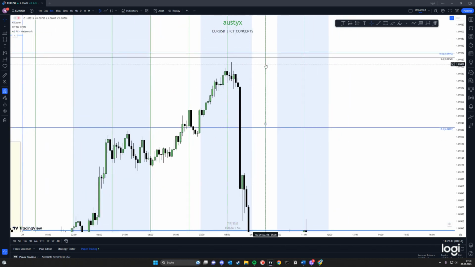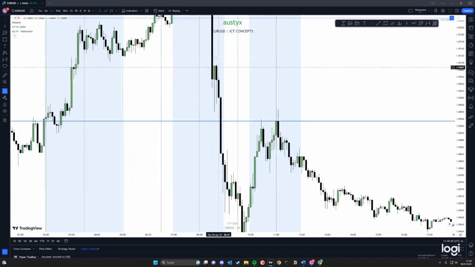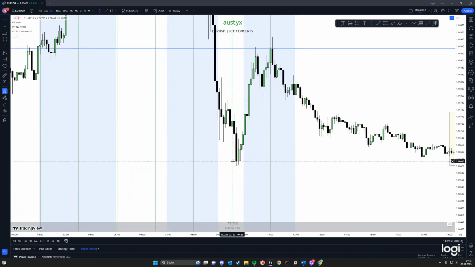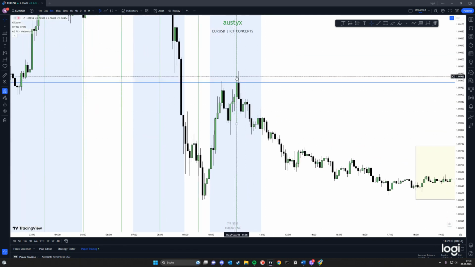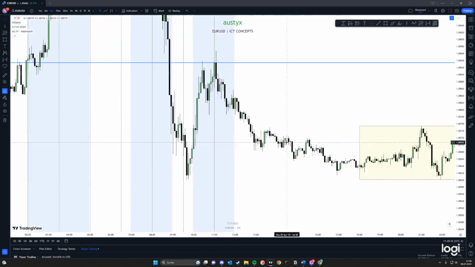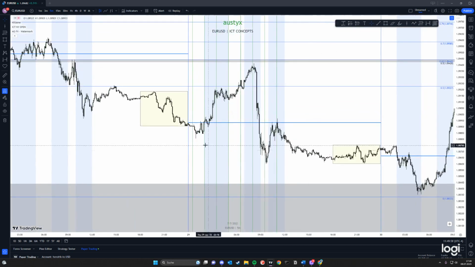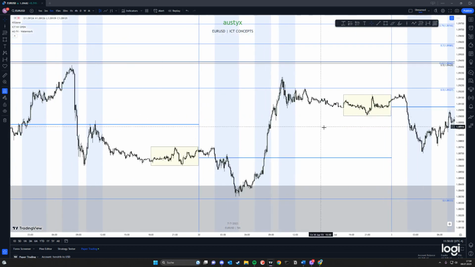Then we have a reversal, again taking out this high with the new interval, shorting till the new 90-minute interval, going up again, next 90-minute interval, shorting, and then the true day ends, basically. Just something to keep in mind, so every 90 minutes.